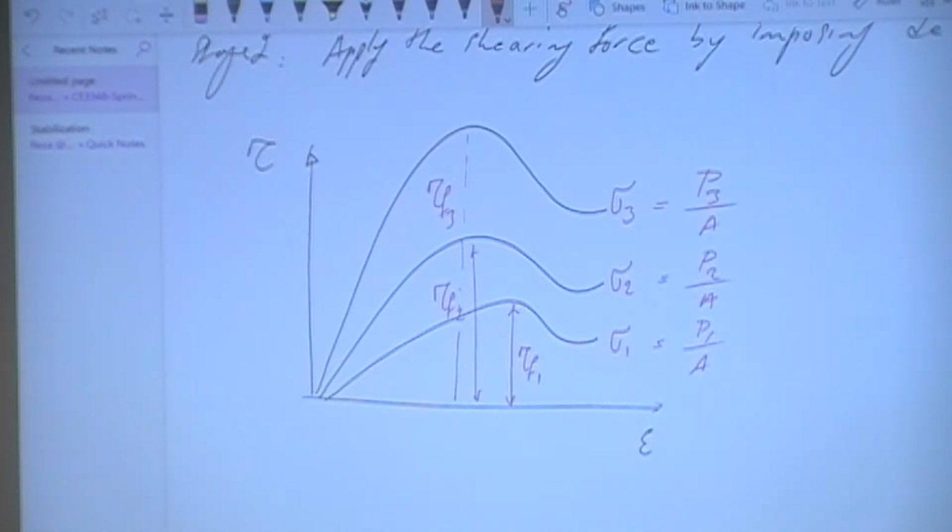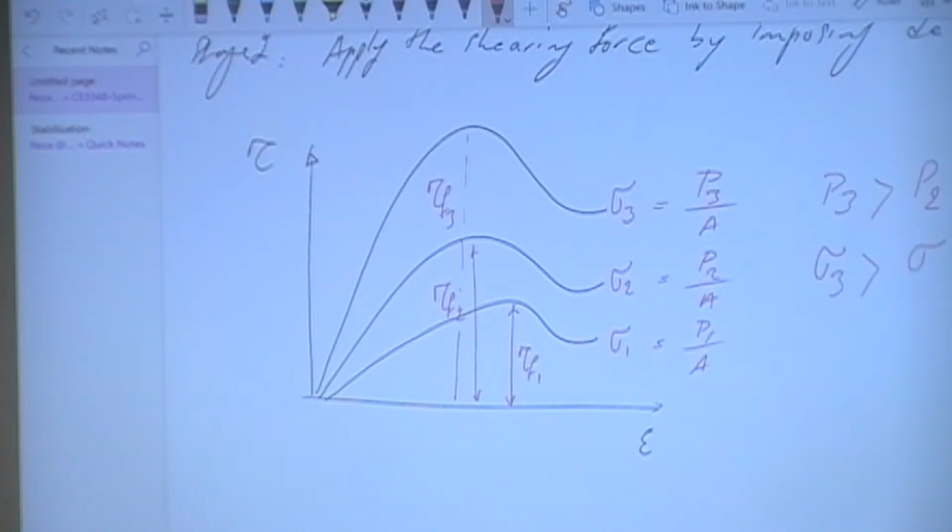The higher the confinement level, the higher the strength of your soils. So in your exam, if I ask you to tell me the relationship between the level of confinement and the strength of the soil, this would be what you have to plot. Basically, it tells you that P3 is greater than P2 is greater than P1. You agree with that?